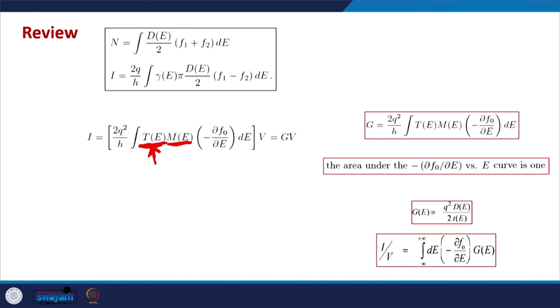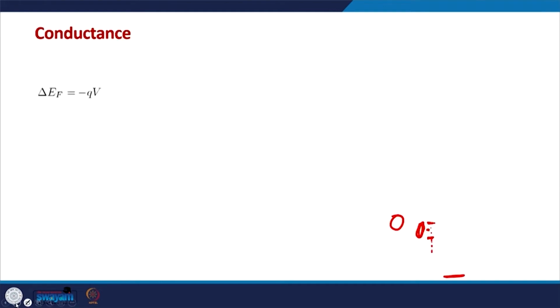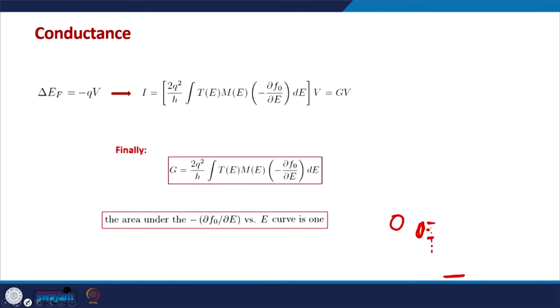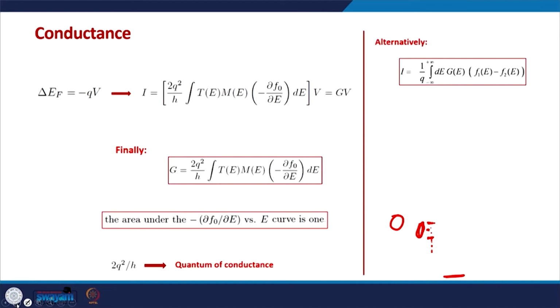Now the channel is the determining factor in the current in the device.